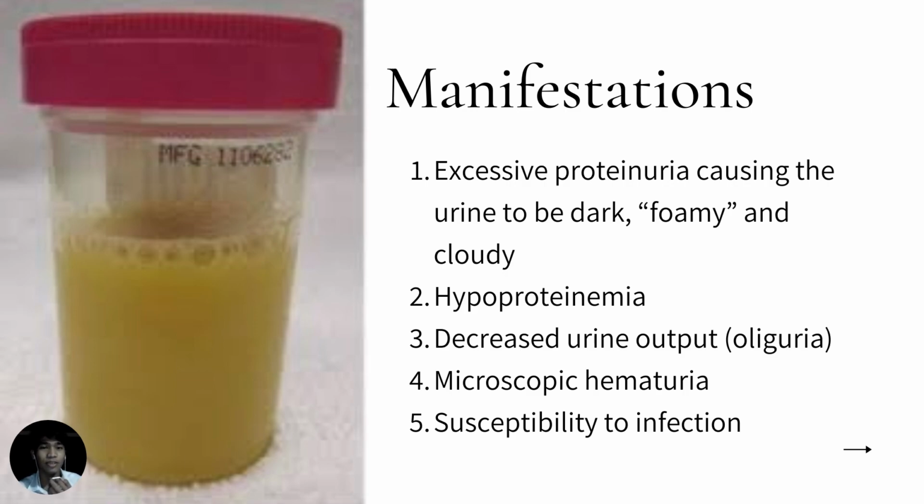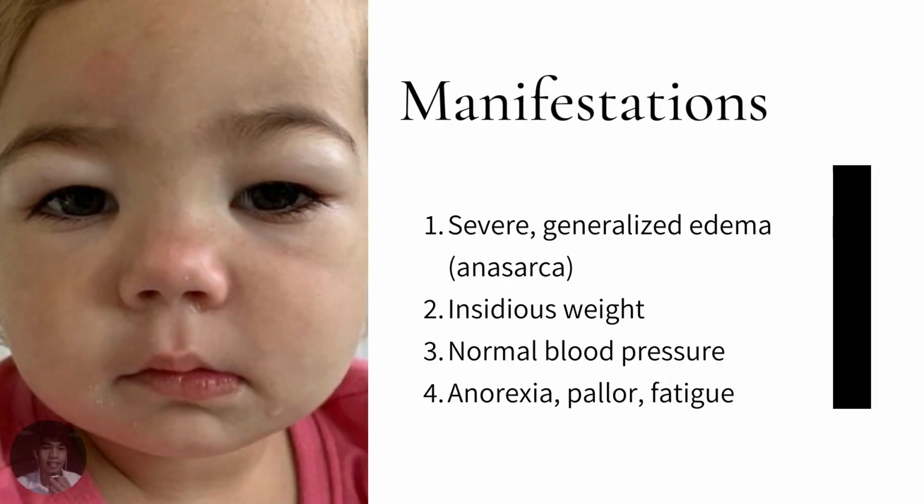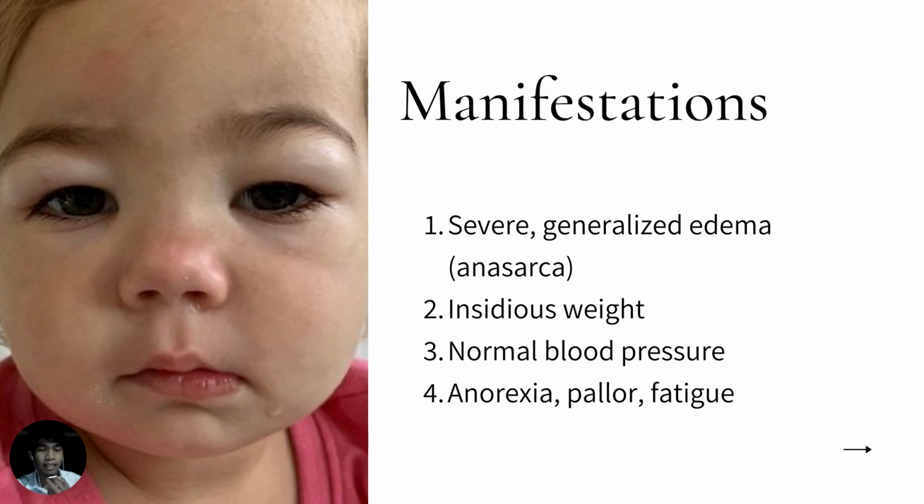Third is decreased urine output or oliguria, or cessation of urine. Next is microscopic hematuria, or presence of blood in the urine. And next is susceptibility to infection. Next in our manifestations, there could be severe generalized edema or anasarca.